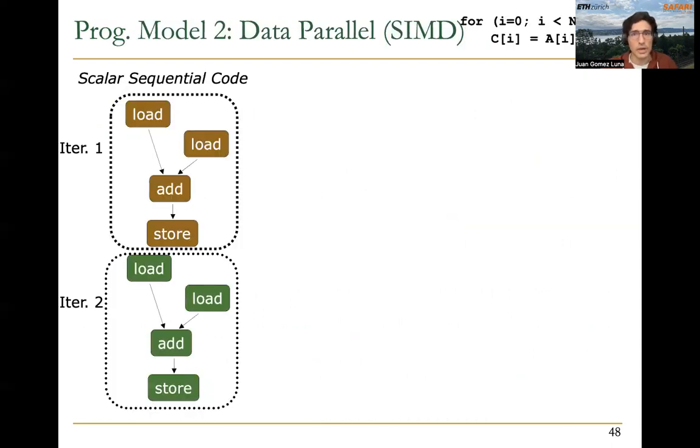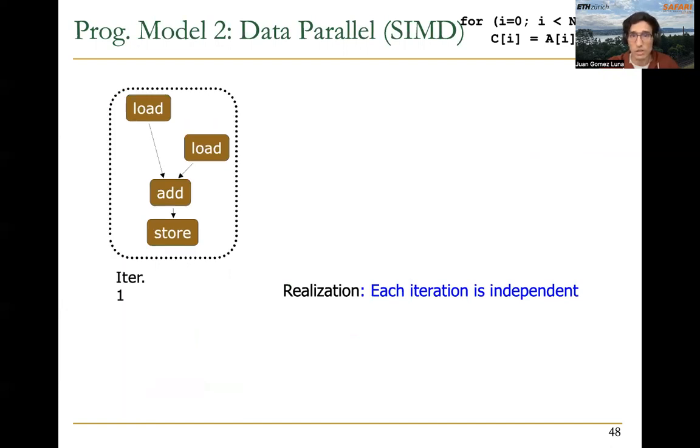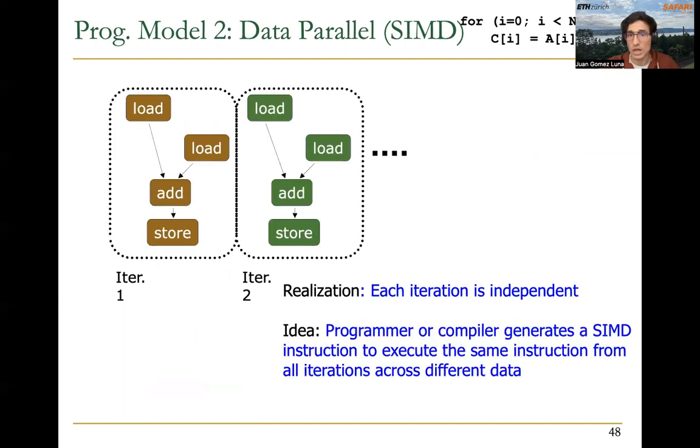Let me go back to the previous parallelizable code or vectorizable code that we saw earlier. If we execute this on a sequential machine, we will first execute iteration 1, then iteration 2, and so on and so forth. But one thing that we can realize here is that each iteration is independent. And because they are independent, they can all be executed at the same time.